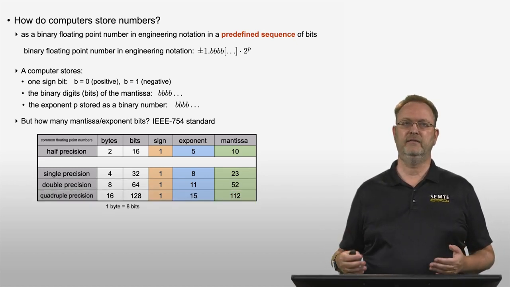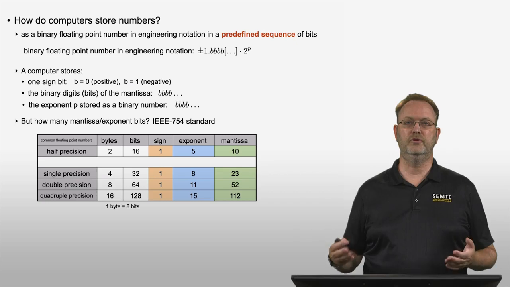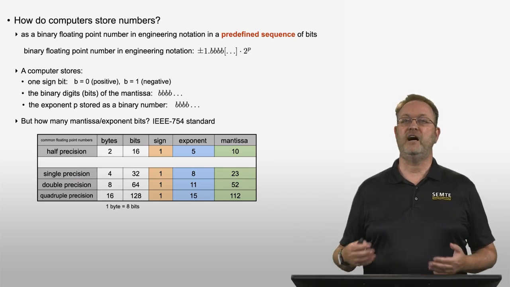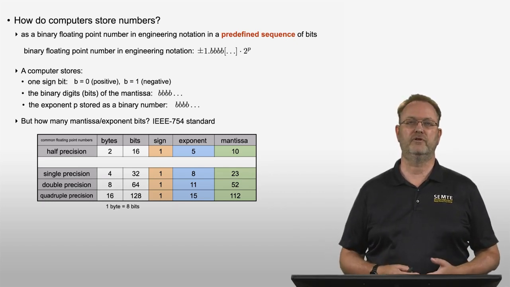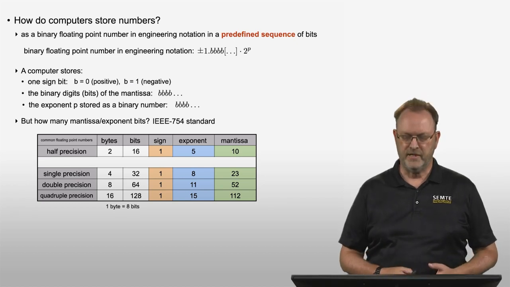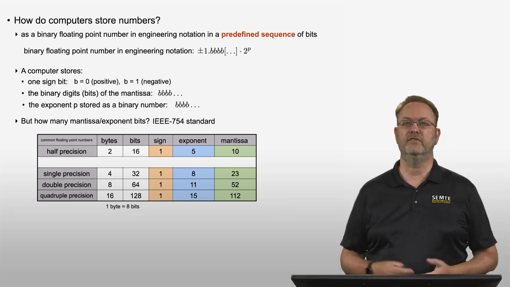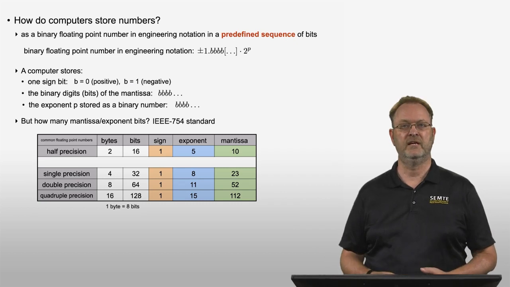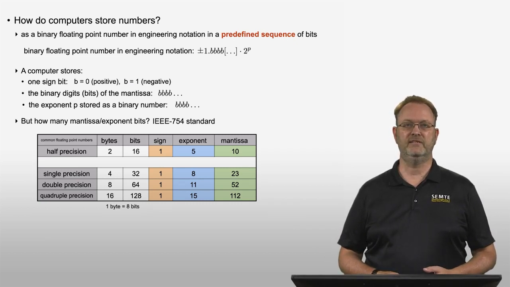And then finally, the definition defines quadruple precision, which uses 128 bits to store the numbers, one sign bit, 15 exponent bits, and the remaining 112 bits are reserved for the mantissa.